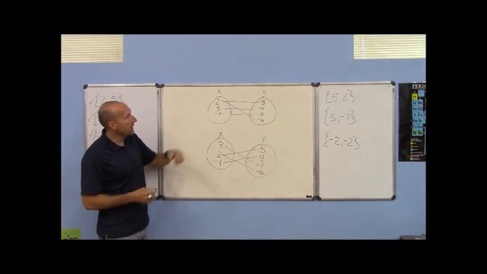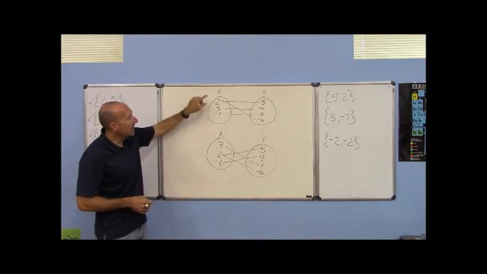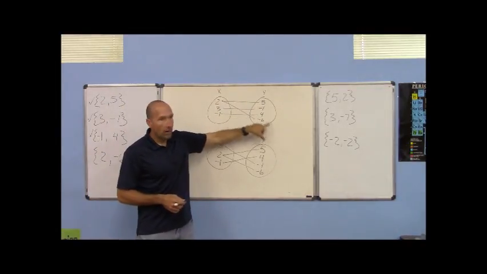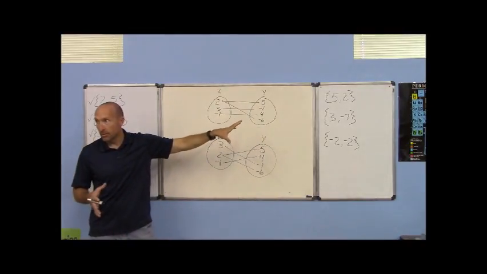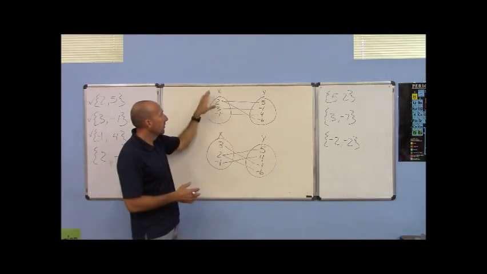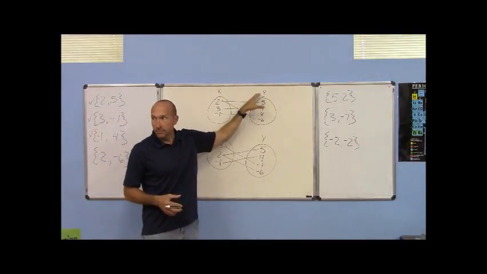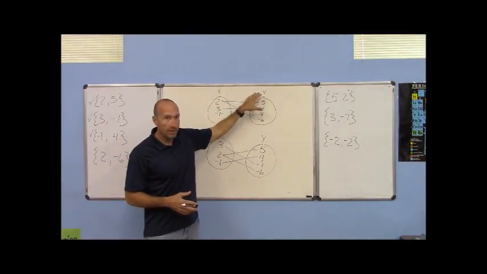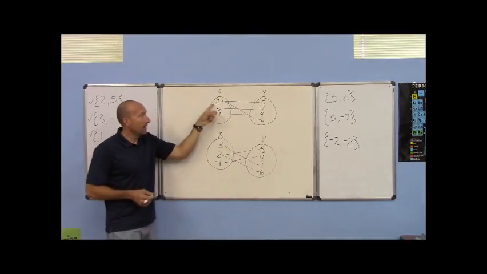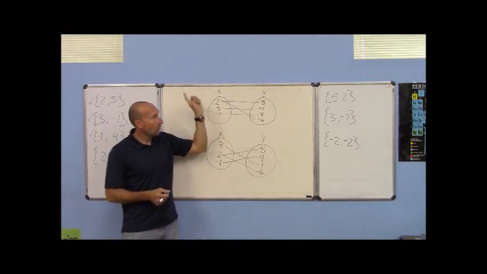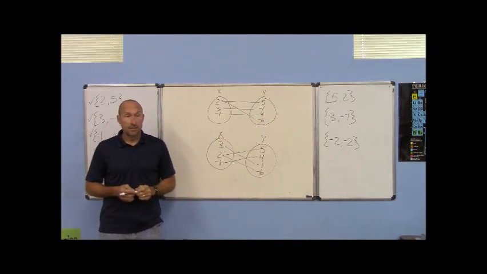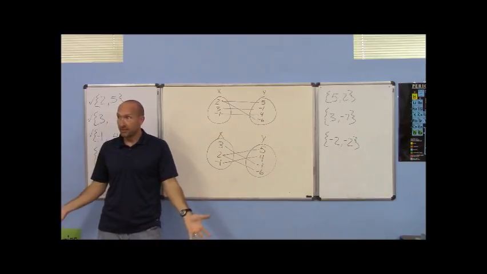A function is whenever one and only one domain value is matched with one y value, okay? So let's think of it as boys and girls. Boys are x's, girls are y's. One guy can only date one girl, okay? Otherwise, it's bad. It is not a function.